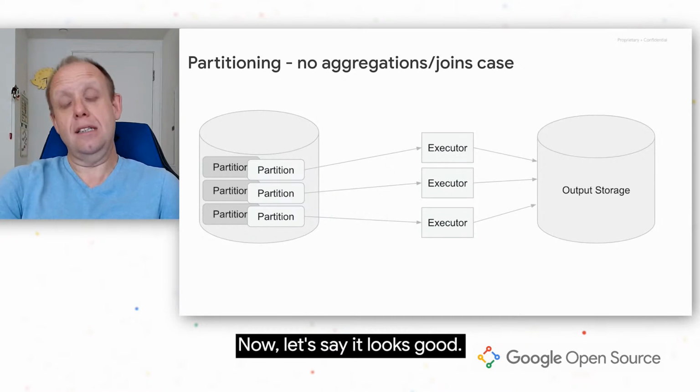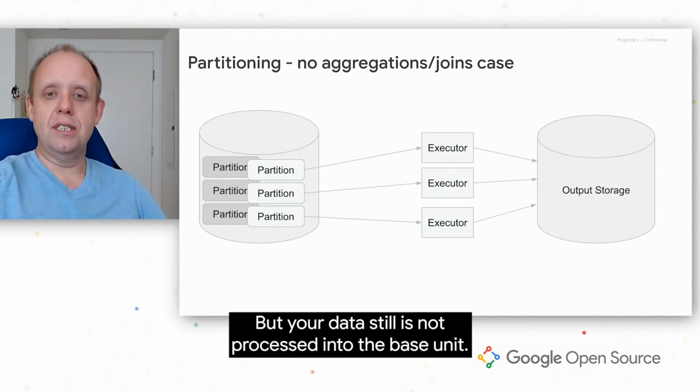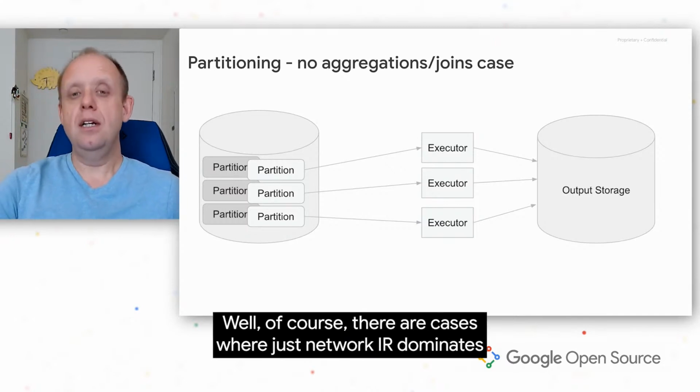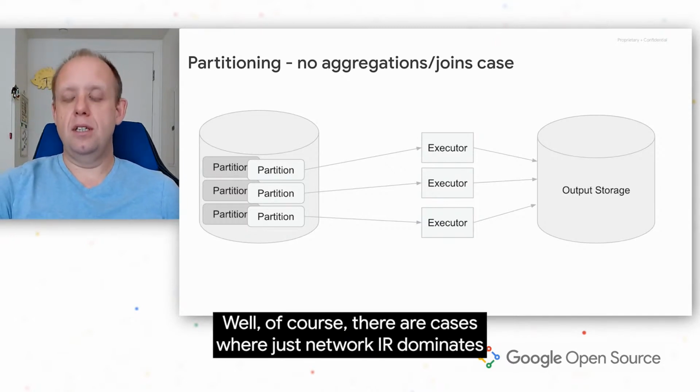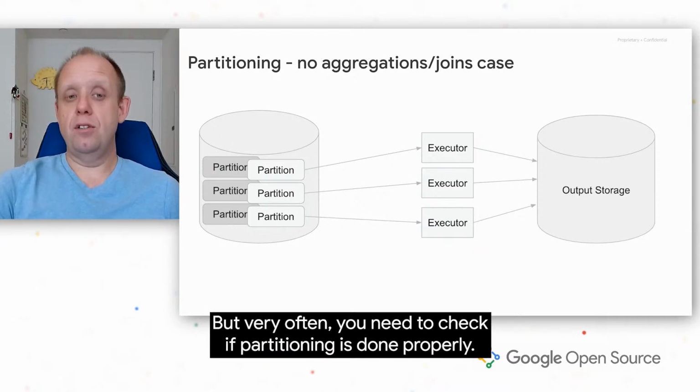Now, let's say it looks good, but your data still is not processed at the pace you need. Well, of course, there are cases where network I/O dominates, or you are doing some REST calls. But very often you need to check if partitioning is done properly.